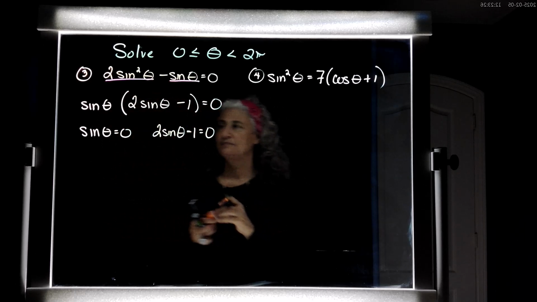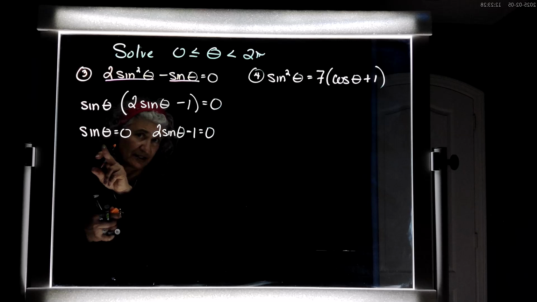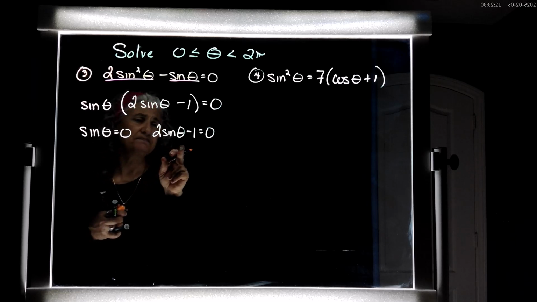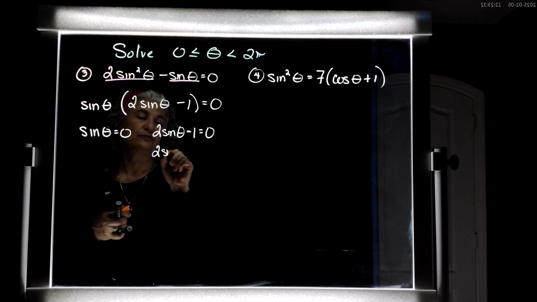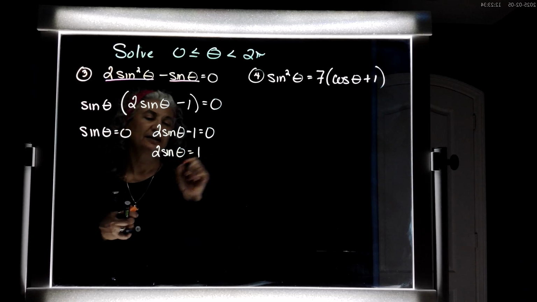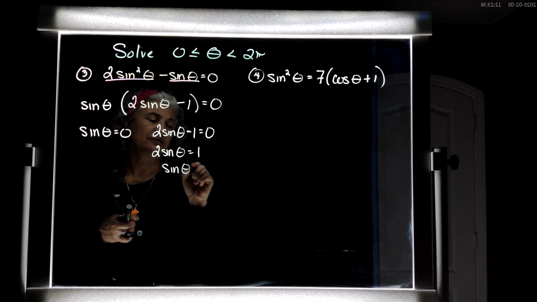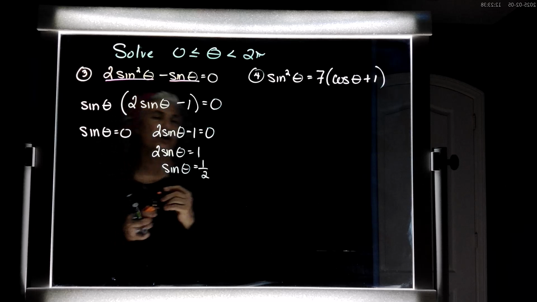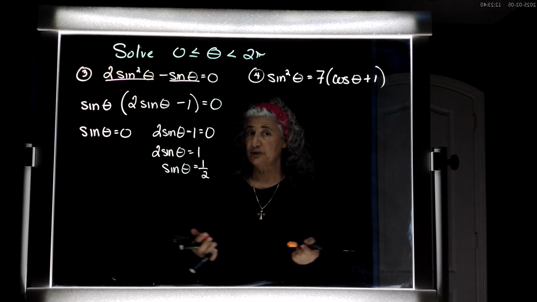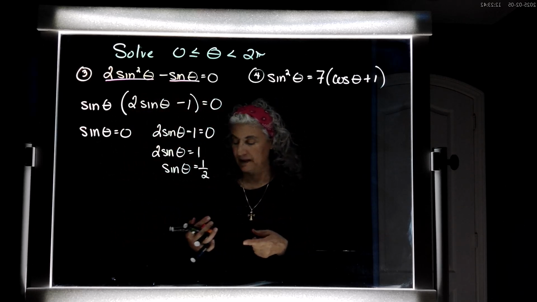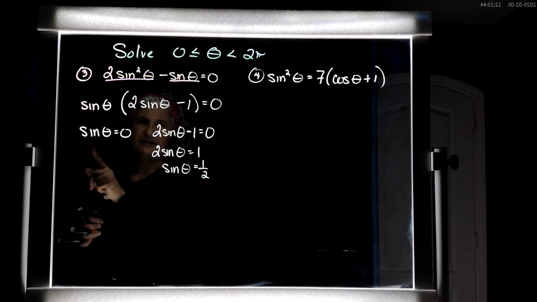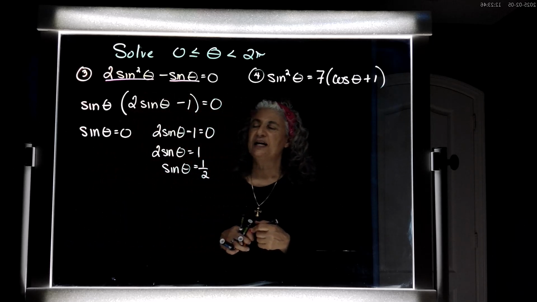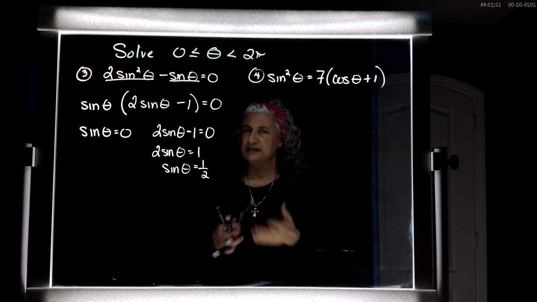All right. This one's technically solved, isn't it? This one? Okay, let's move the 1 over. Let's divide by 2. Wonderful. So far, so good? Okay. Let's talk about this guy first. The answer is 0, isn't it?